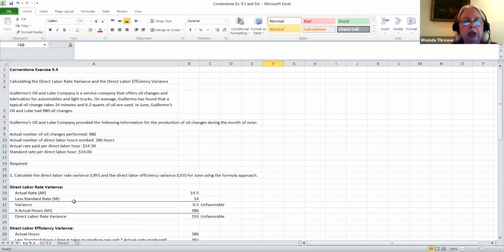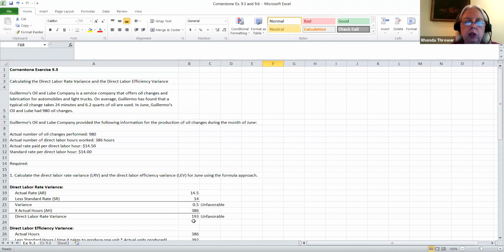What this is really showing us is that when we budgeted, we only budgeted $14 per hour. But actually we paid our employees a little bit more per hour than we had anticipated. This $193 may have been foreseen, it may have been unforeseen, but your company is going to have to decide whether this is a material or an immaterial amount.